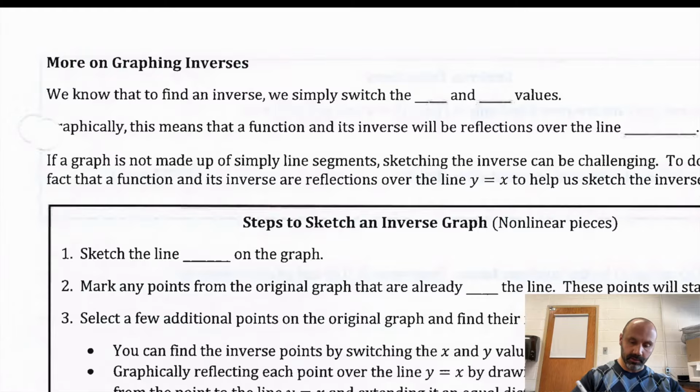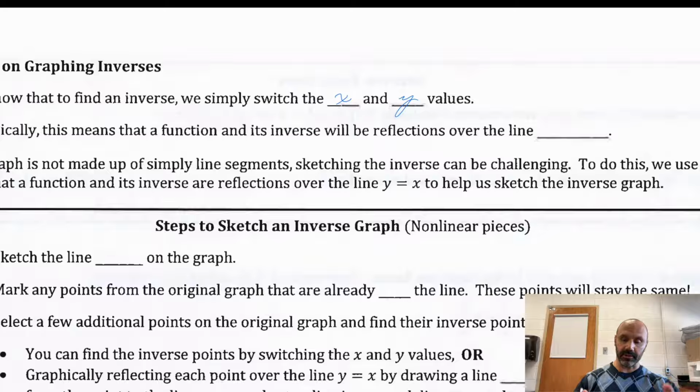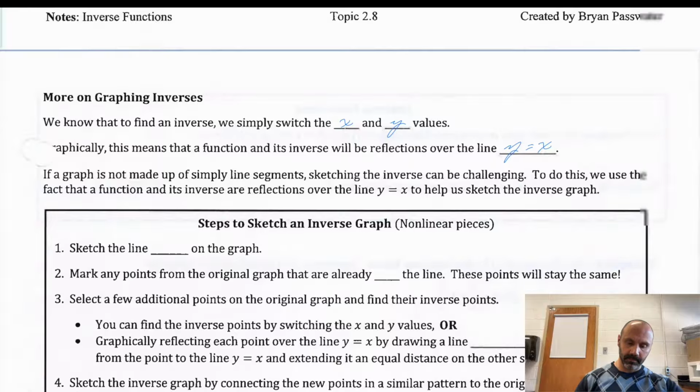So to find an inverse, we switch the x and the y values. And so graphically, again, this means that the inverse will be a reflection over the line y equals x. And if a graph is not made up simply of line segments, what you can do is find particular points, and then flip them, or switch them.